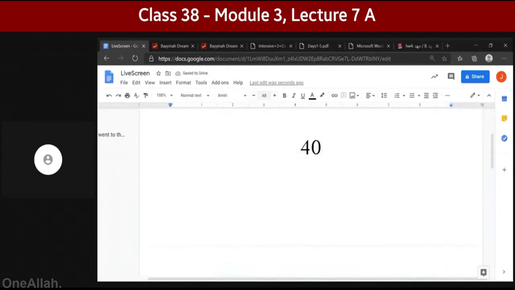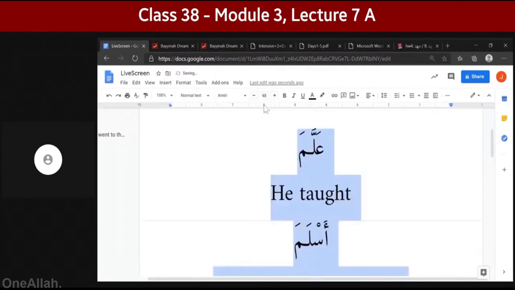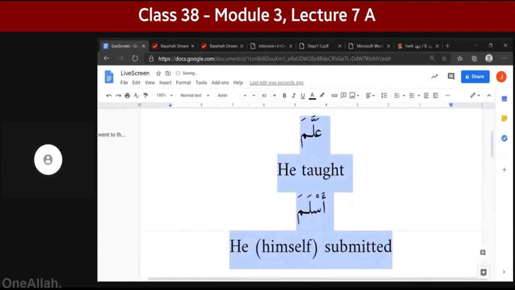Okay, he himself submitted. If a verb, whatever the action of the verb is, can't be done to somebody or something else, then that means that verb is intransitive. Okay? So if I'm submitting, and don't think of this as submitting like submitting your homework, okay?